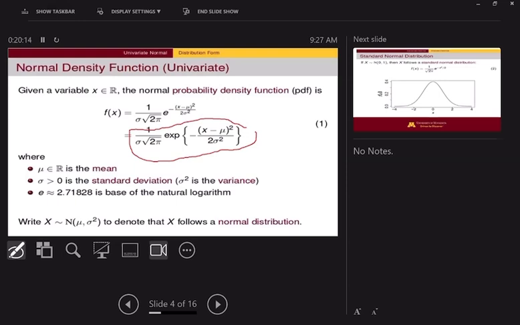But let me also tell you this: Laplace also did a wonderful job. Laplace was able to prove that even though a data set may come from a distribution that is not normal, if we compute averages repeatedly from that distribution, provided the sample size is large, the distribution of the mean will follow normal.